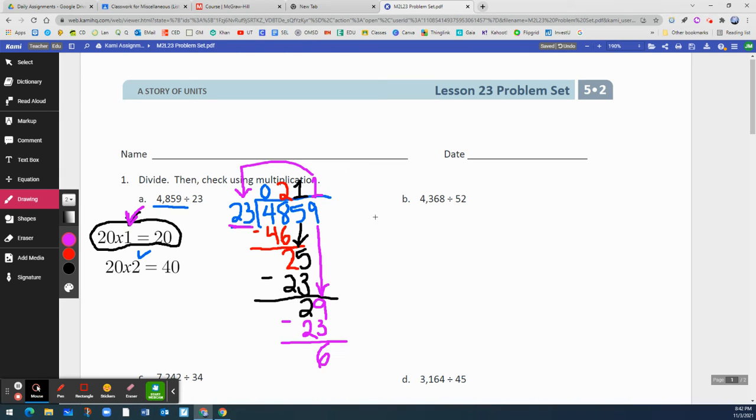Now we need to check with multiplication. This is going to be taking a little longer. So remember, let me write this down for you so you remember.